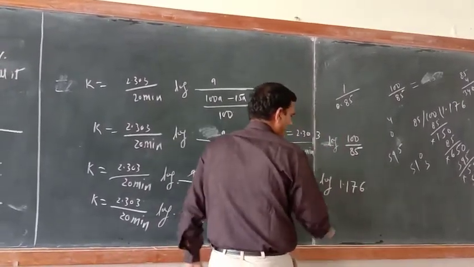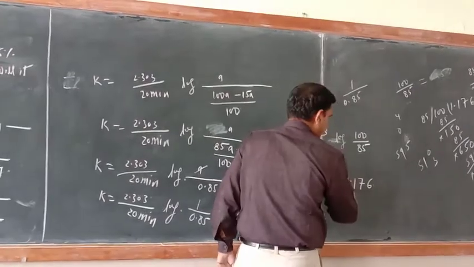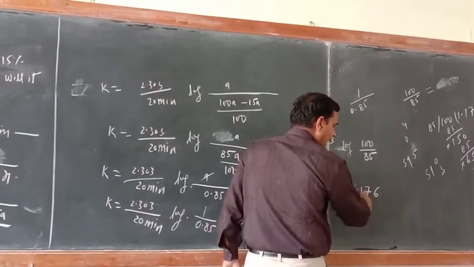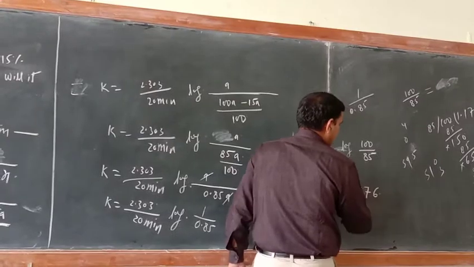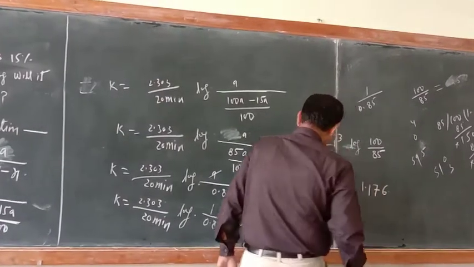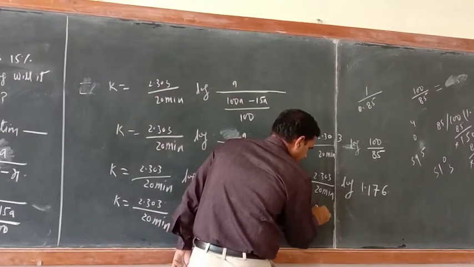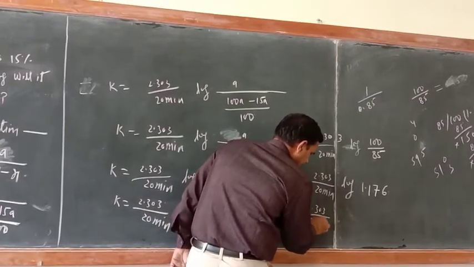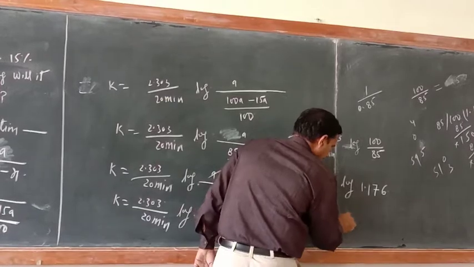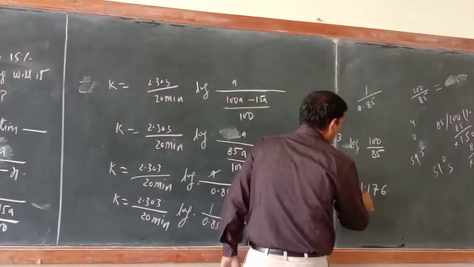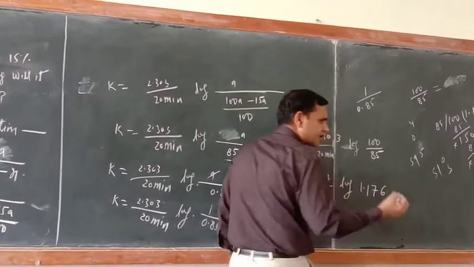So now you have to see the log table value, log 1.17 at 6 or 7. So K equal to 2.303 divided by 20 minutes. Now log 1.17 at 7 value, just a minute.